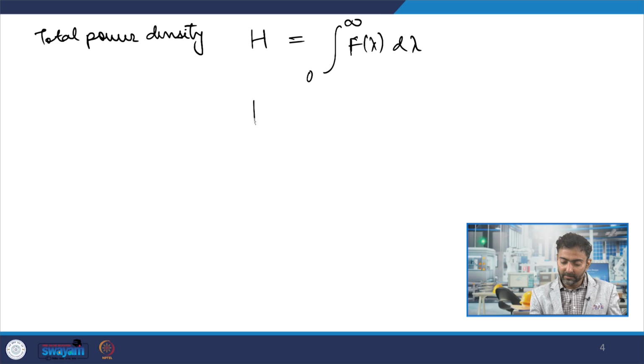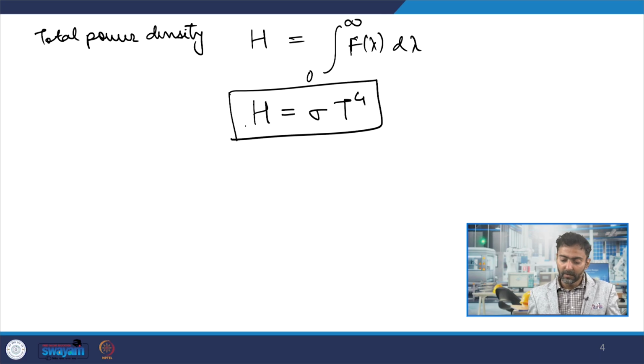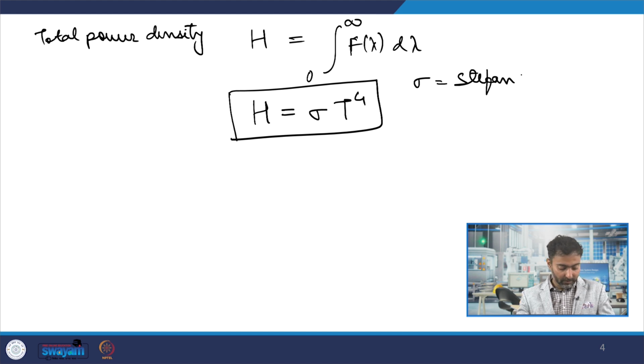And this is the Stefan-Boltzmann law. You have H equal to sigma T to the power 4. So here H is the total power density, T is the temperature of the black body, and sigma is known as the Stefan-Boltzmann constant.